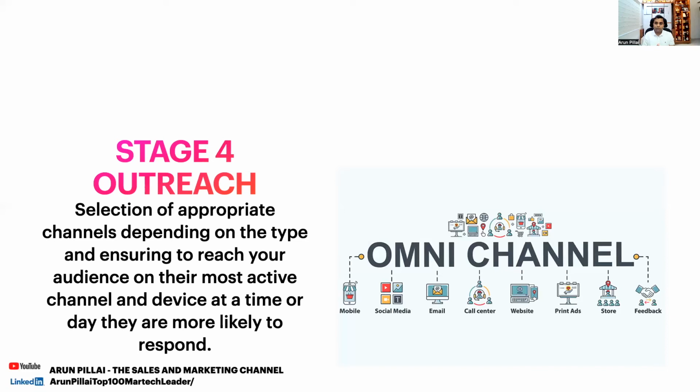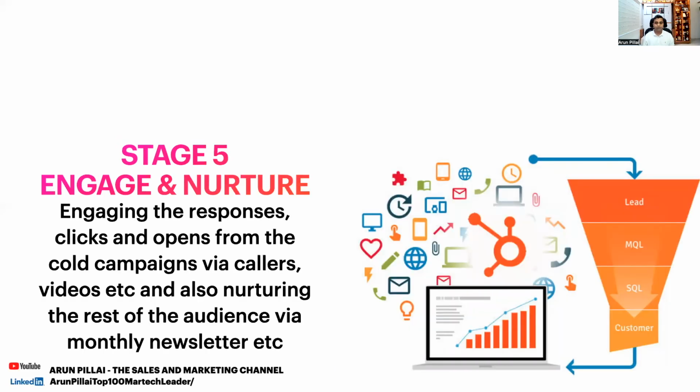Now, knowing what we already know about these audience in terms of their historic engagement patterns, the kind of channels and devices that they've been active on, we need to be able to create an outreach program that resonates with each of those clusters based on the kind of device and the channels that each of those clusters have been active on. The last stage is to engage and nurture.